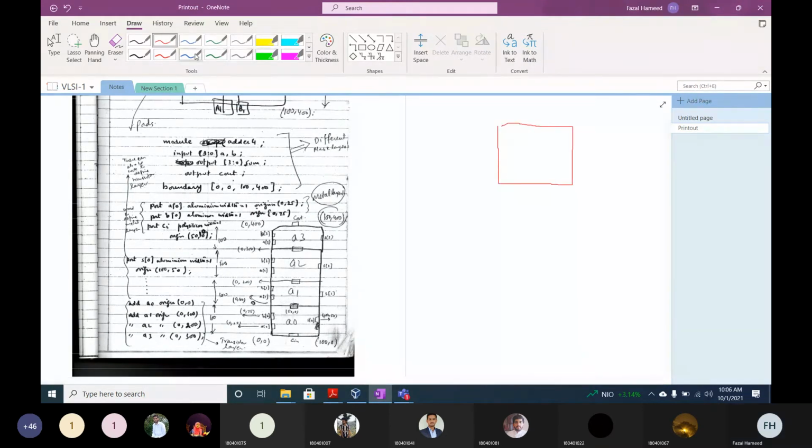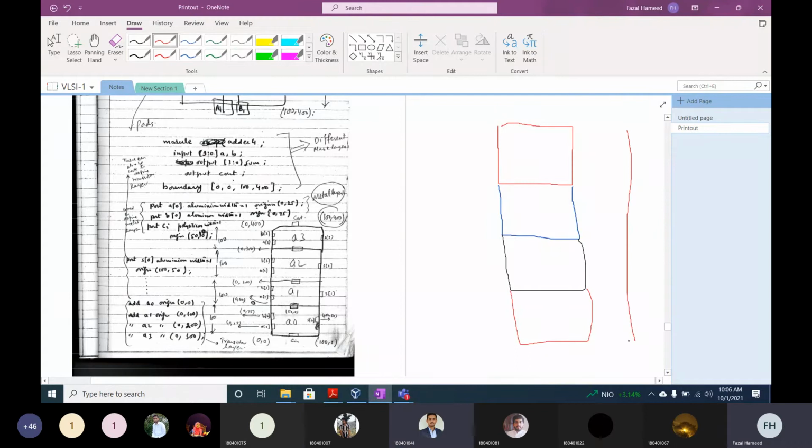Adder 1, I'm using different colors. Adder 2, now black color. Adder 3, and now again red color. Adder 4. So what is the total height of the chip? If I place them on top of each other, what is the total height now? 400.